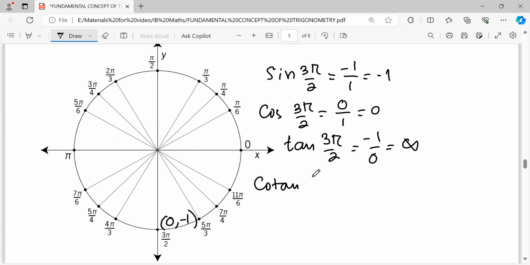Cotangent 3 pi over 2 equals 0 over negative 1 equals 0.